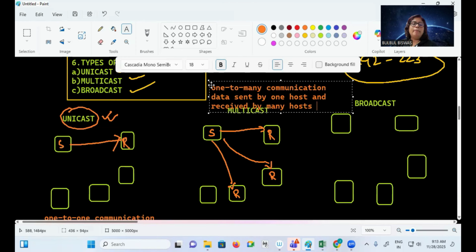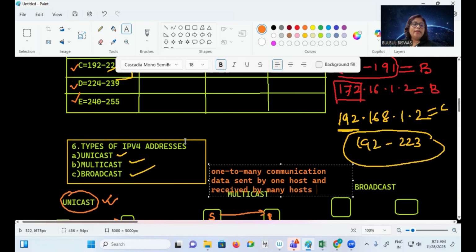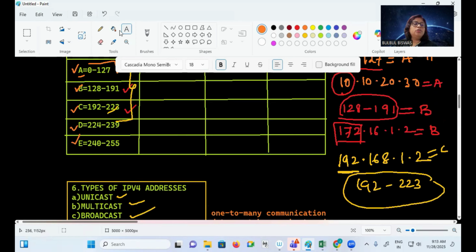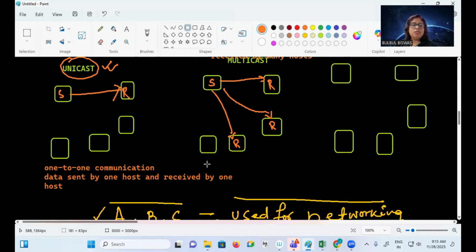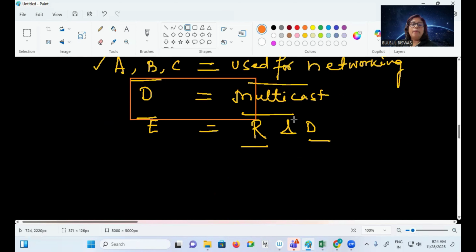When multicast communication happens, we need the multicast address. In IPv4, class D is reserved for multicast.